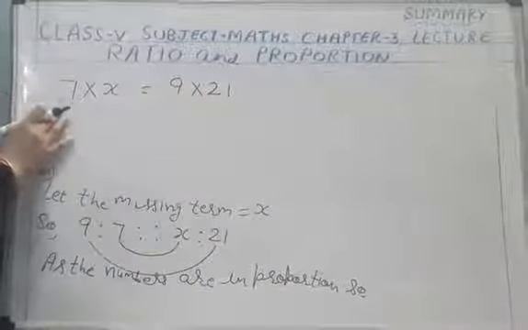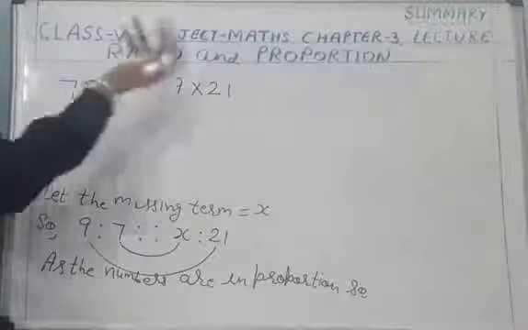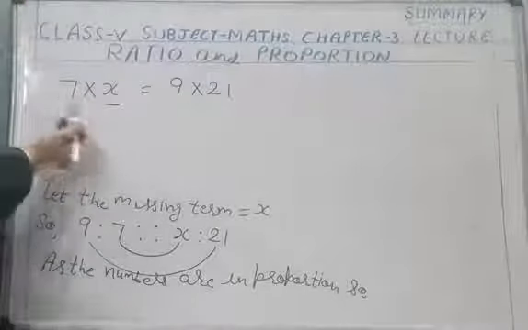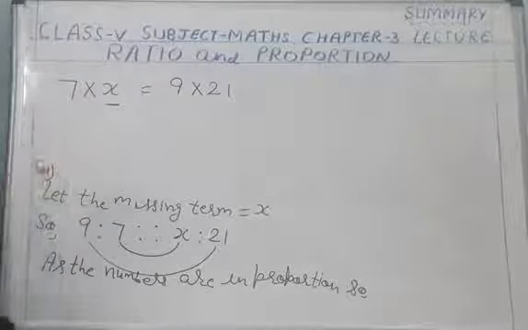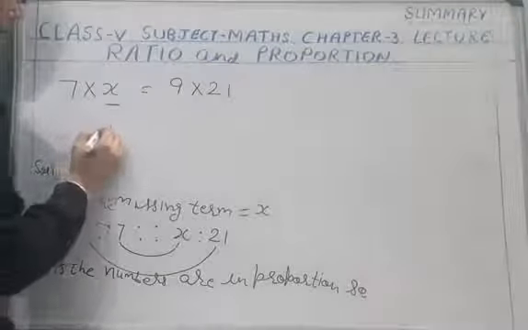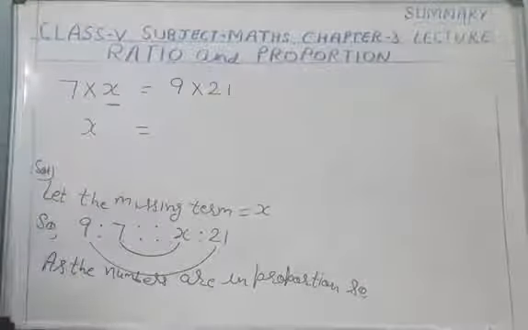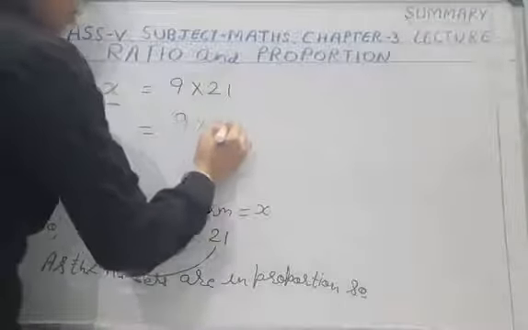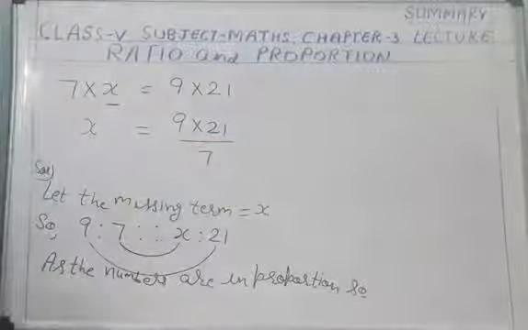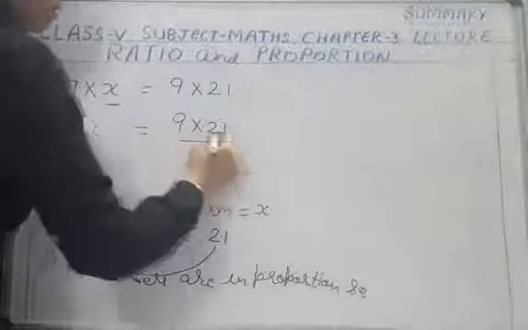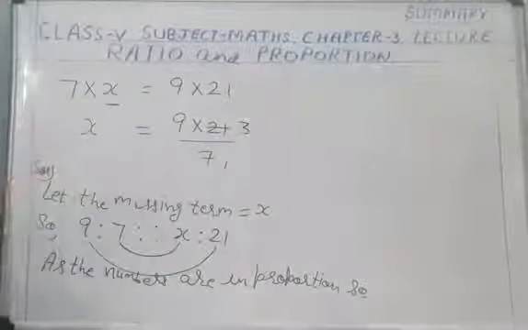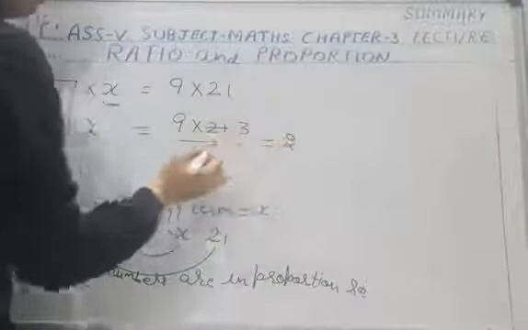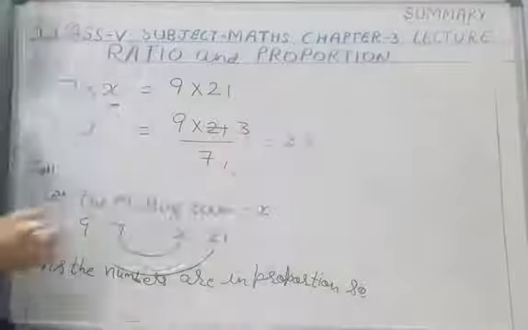You can write down 9 into 21 to the left side, or you can write down to the right side, because these are equal, as we have to find out the x. So I have written 7 into x to the left side. Now x will be written here, the left side, 7 will be shifted. 9 into 21 upon 7, right? 7 ones are 7, 7 threes are 21. Now we have 9 threes are 27.